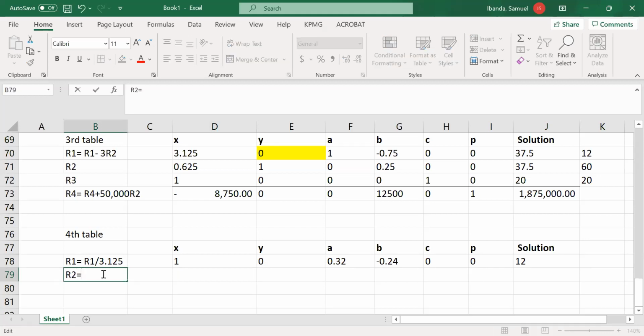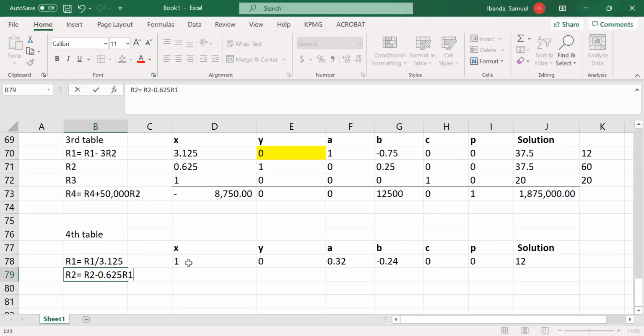So for me to get my row 2, it will be what is already existing in row 2, because I need it to be 0. Minus 0.625 R1.